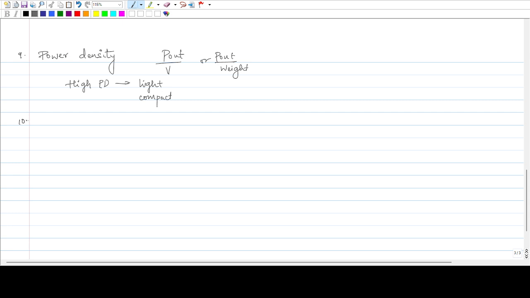The next one is wide speed range. This is one of the most important criteria, though we are discussing it at the later part. What do you mean by wide speed range? You might have a range of speed, and at all the speed range, it needs to operate efficiently.